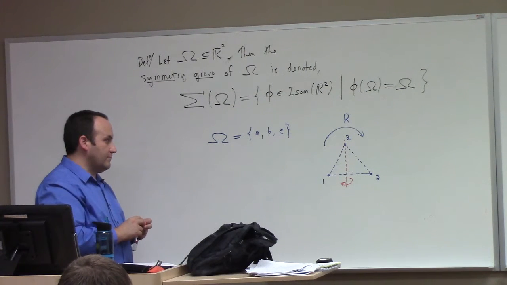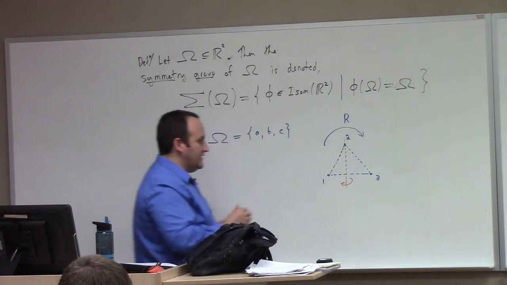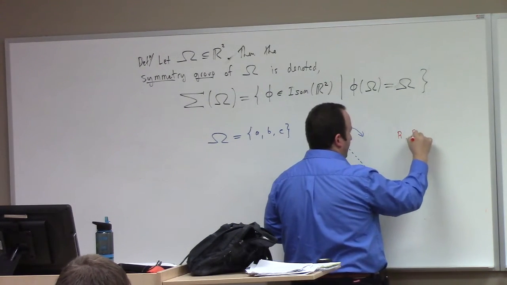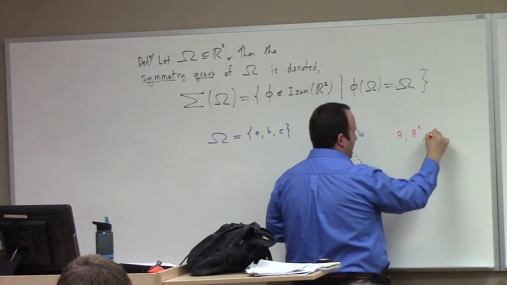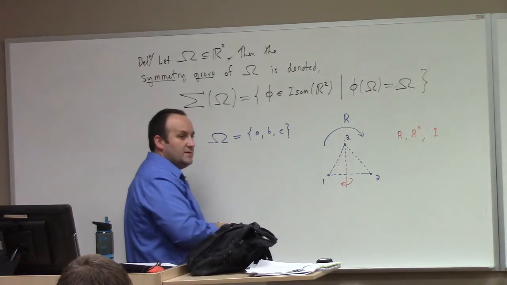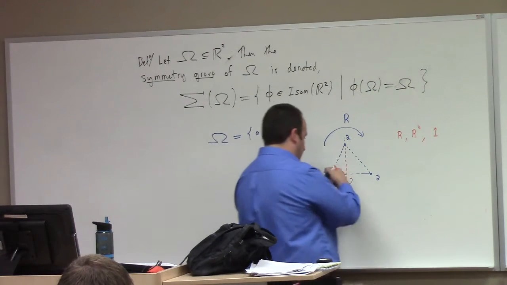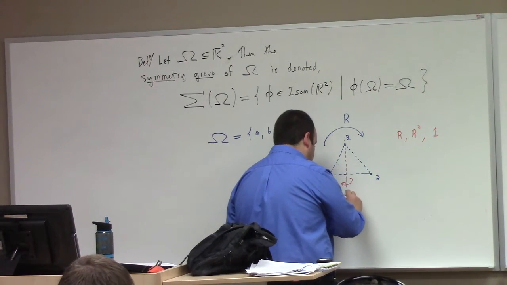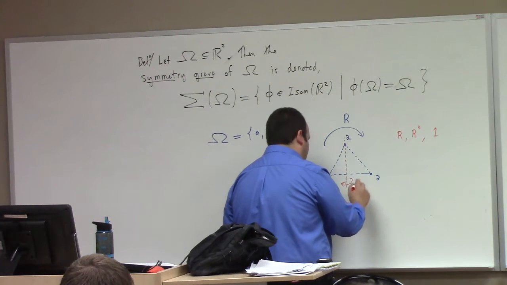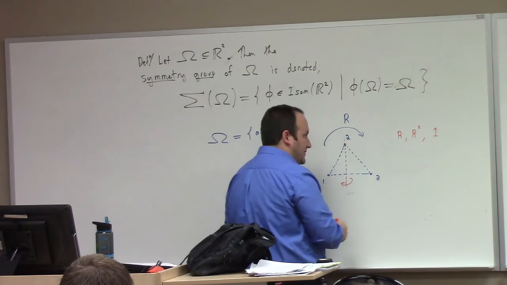So let's see here. The notation then. We have R. We have R squared. Of course, we've got the identity transformation. These are in the group of symmetries. There's also this reflection, which we could call Y. Or I guess, what label do you want?